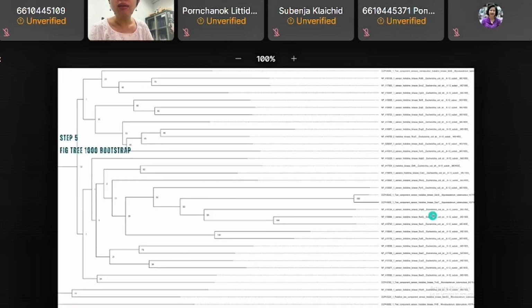So the monophyletic clade is supported with 82% bootstrap support, right? And I see, the upper two are two component sensor histidine kinases present in Mycobacterium, and the other three are the sensor histidine kinases in E. coli.